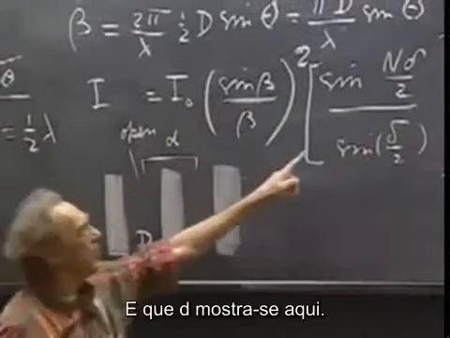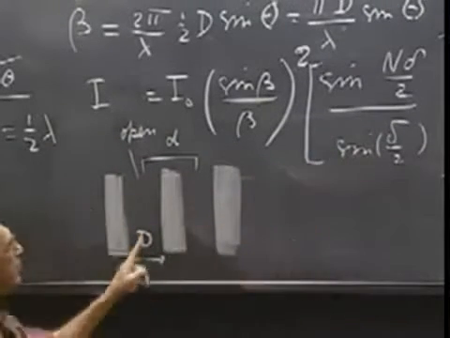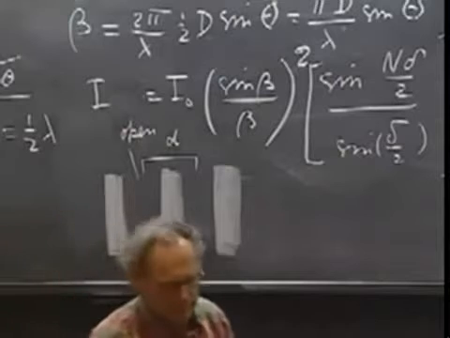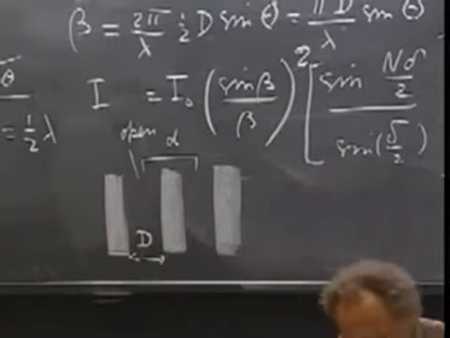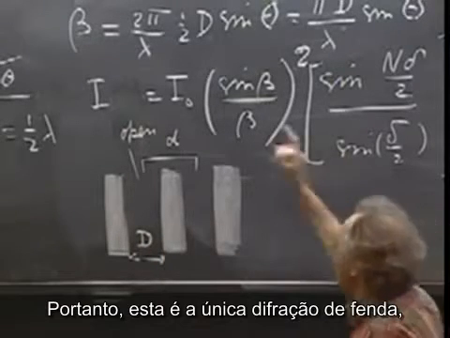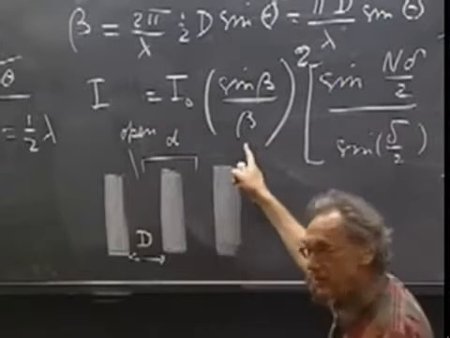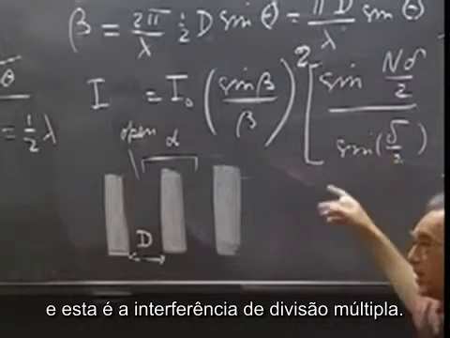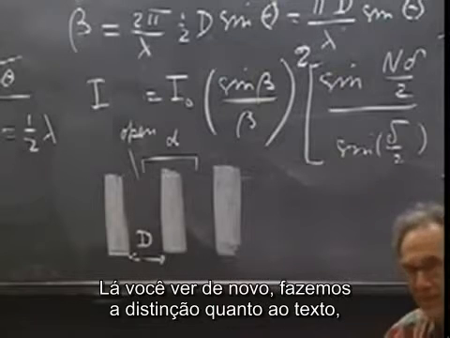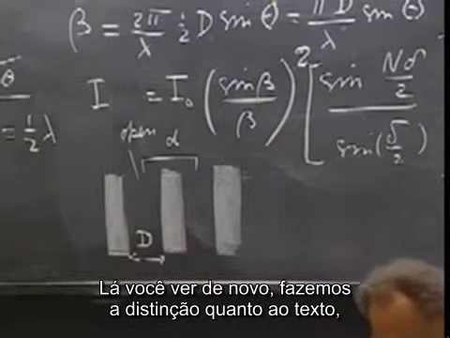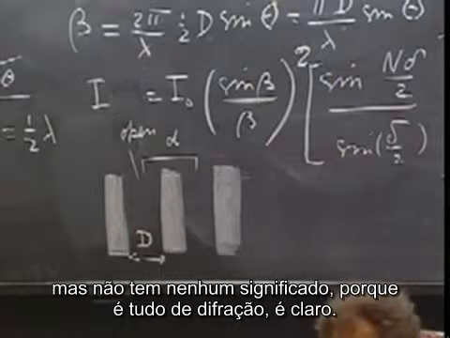And that little d shows up in here, and this capital D shows up in there. So this is the single slit diffraction, and this is the multiple slit interference. There you see again, we make the distinction in wording, but that has no meaning because it's all diffraction, of course.